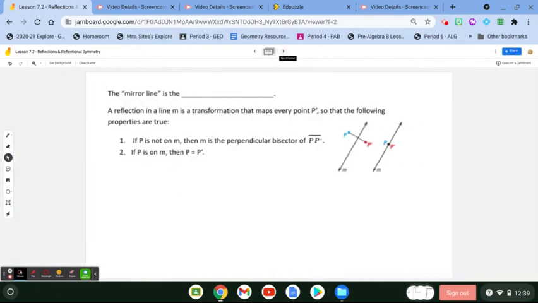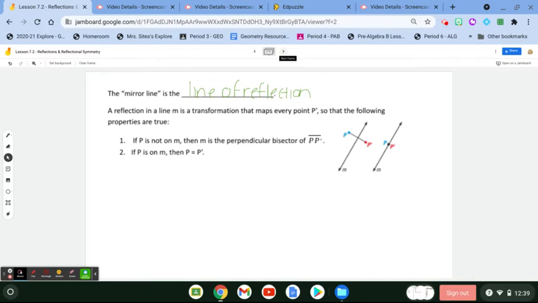Now, another way, if I asked you to find that line of reflection or that mirrored line, so let's write that in, the line of reflection. Well, by looking at slope. A reflection in a line M is the transformation that maps point P to P prime so that the following properties are true. If point P is not on line M, then M is the perpendicular bisector of P and P prime.